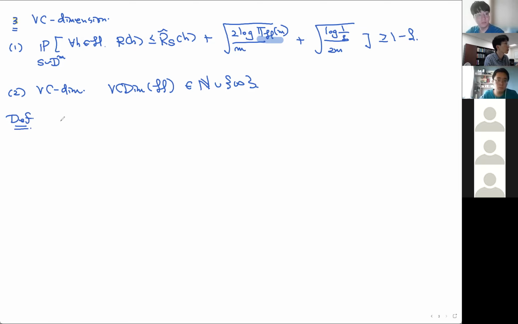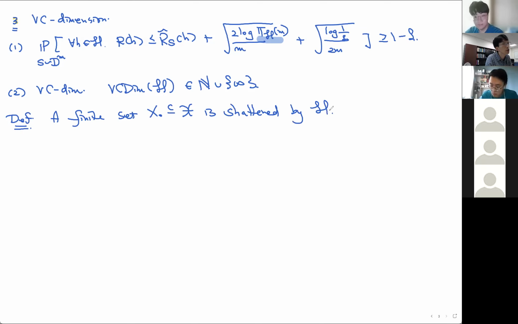We say that a finite set x0 is shattered by H if the following is true.